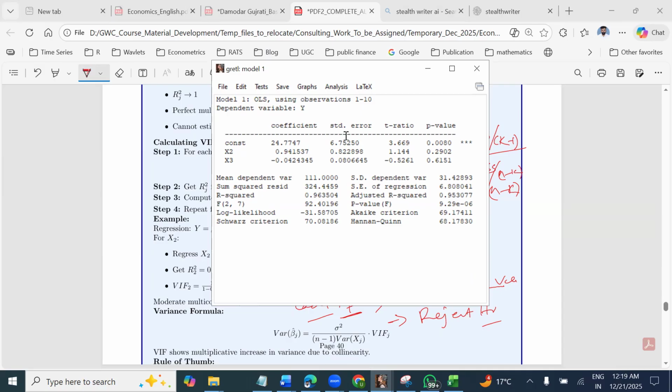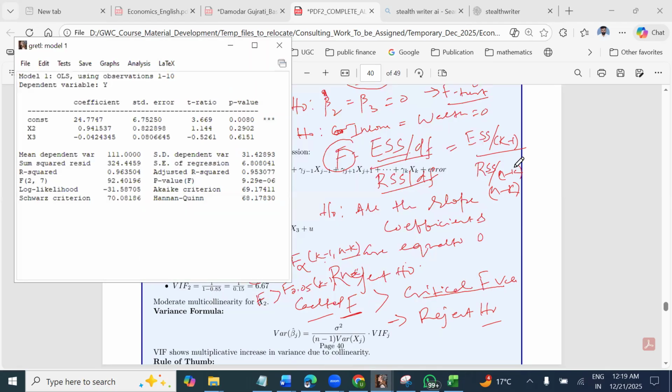What is the total number of observations, Madhusmita? 10 observations. So k is 3, and the software has given F in brackets 2, 7: 2 degrees of freedom for the numerator and 7 for the denominator.